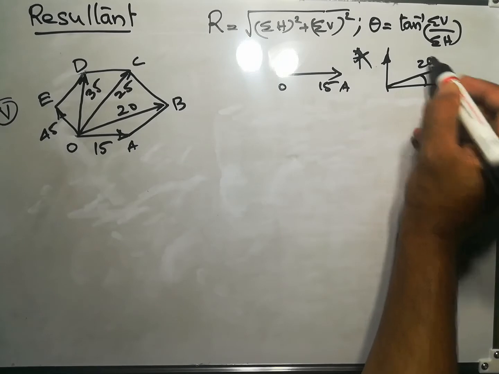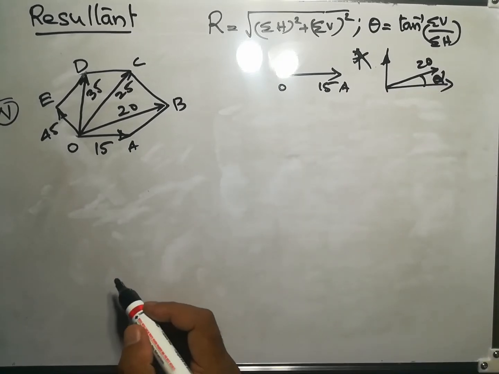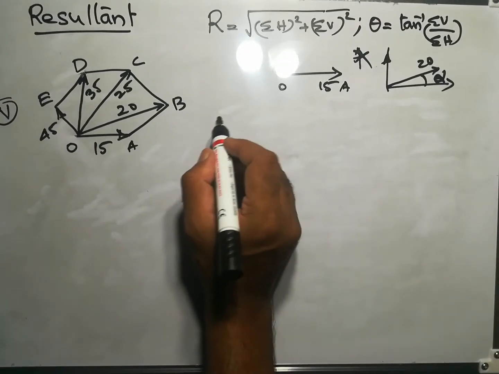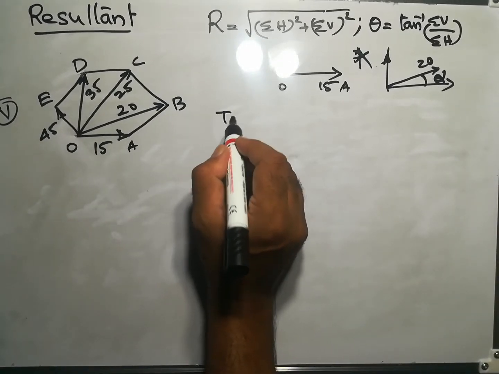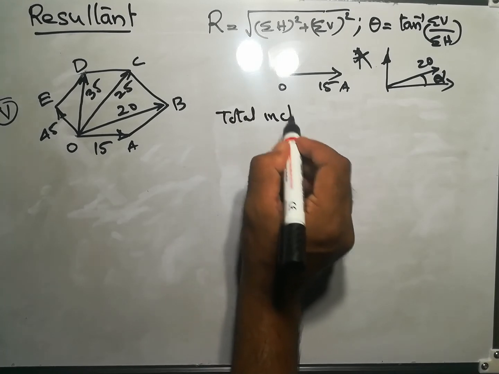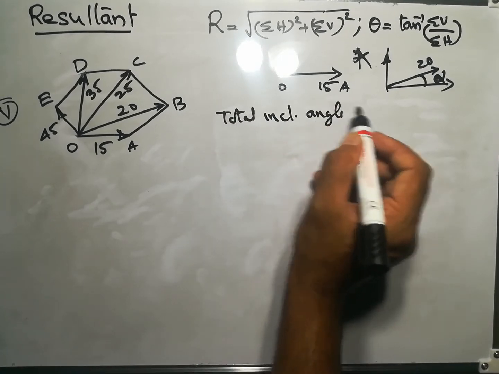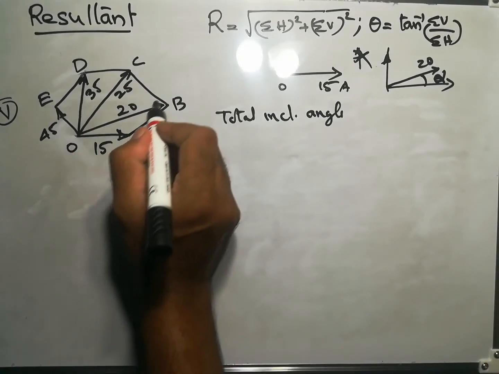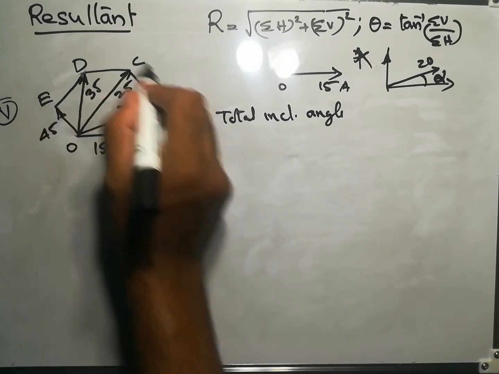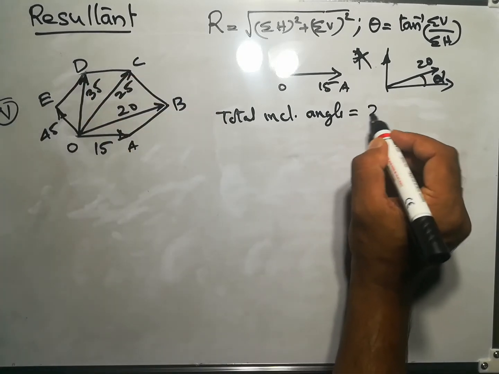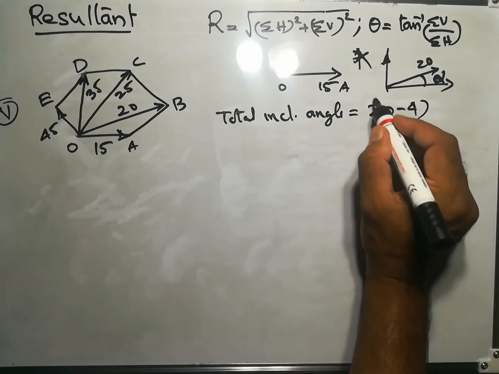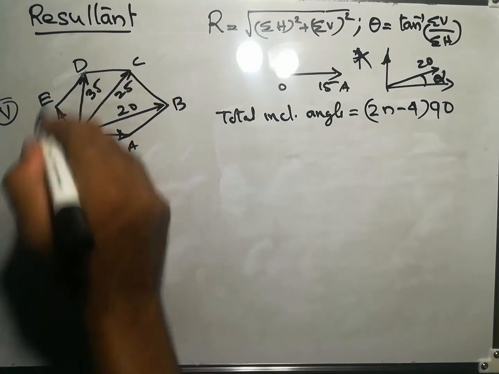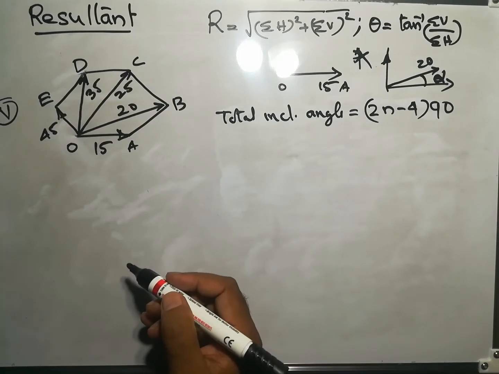This is 20 Newton. Now how do we find alpha? To find alpha, we have the equation for the total included angle in this hexagon, that is, the sum of angles O, A, B, C, D, E all together, equal to (2n minus 4) into 90, where n is the number of vertices, or included angles.